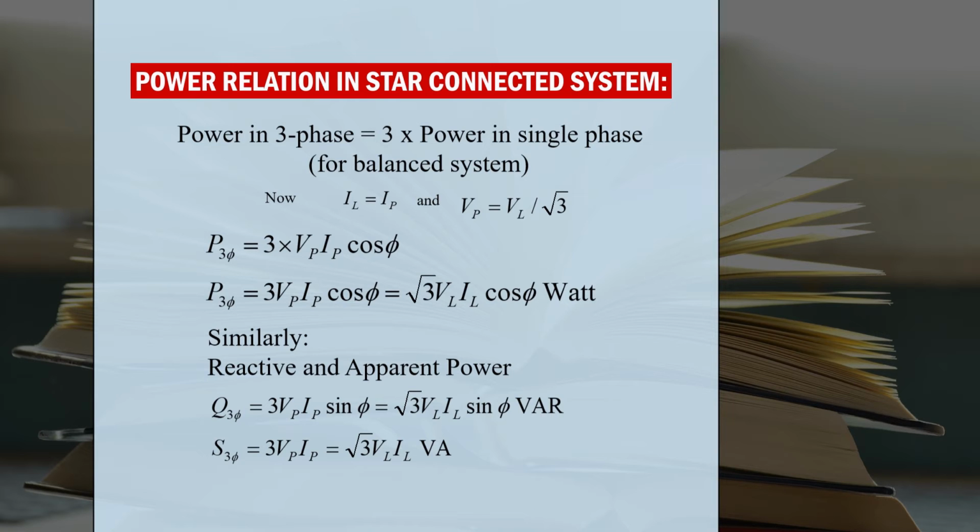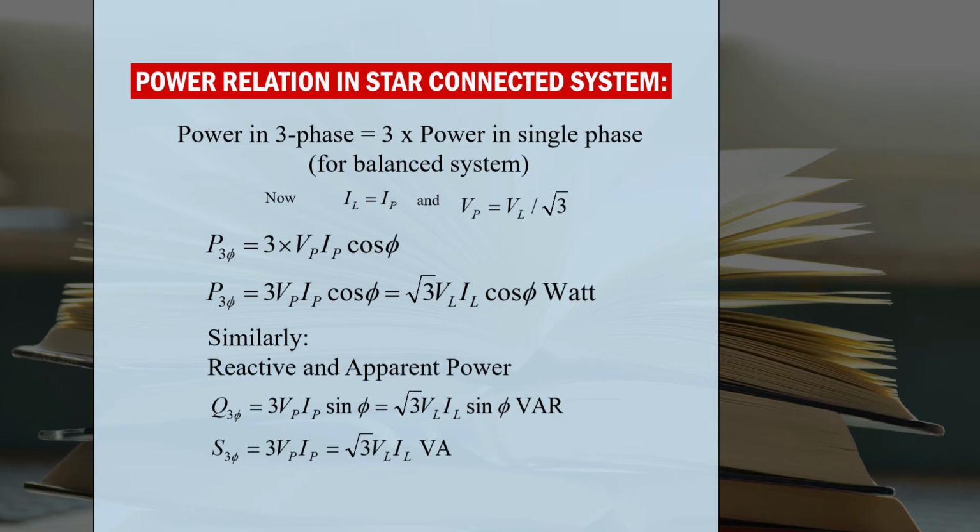Similarly, you can also write the power equation for the reactive and apparent power. So the reactive power can be written as 3 VP IP sin phi. Similarly, just put the value of IP and VP in this equation, so the equation for the reactive power Q 3 phase can be written as root 3 VL IL sin phi.